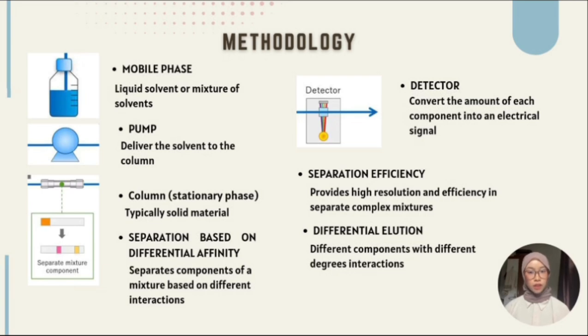Next, we got a separation efficiency. It provides high resolution and efficiency in separating complex mixture. Lastly, we got a differential elution. It is a different component with different degrees of interaction. So last but not least, we got a detector. Detector will convert the amount of the component into an electrical signal.